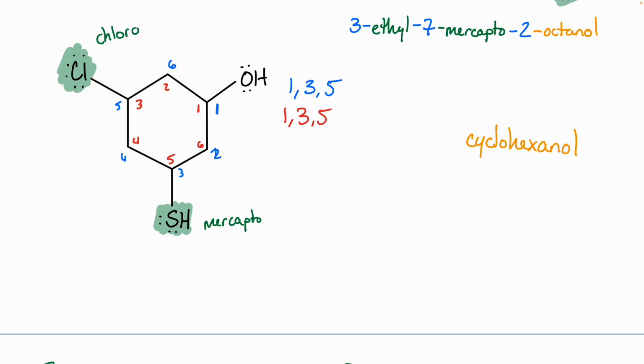And so when I go to alphabetical order, my chloro group is going to come first. So yes, I'm going to pick this red numbering scheme here to break that tie. All right, so putting this in my name here, this would be 3-chloro, 5-mercapto, cyclohexanol.